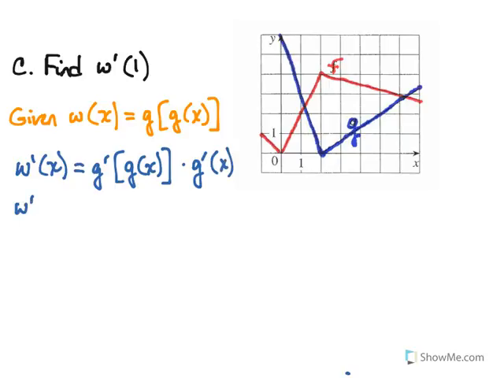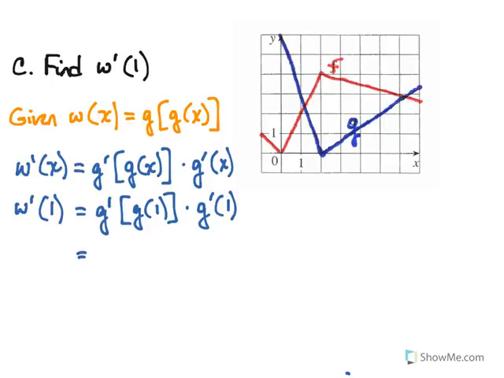So we want specifically the derivative at 1. So let's start in the square brackets at g of 1.